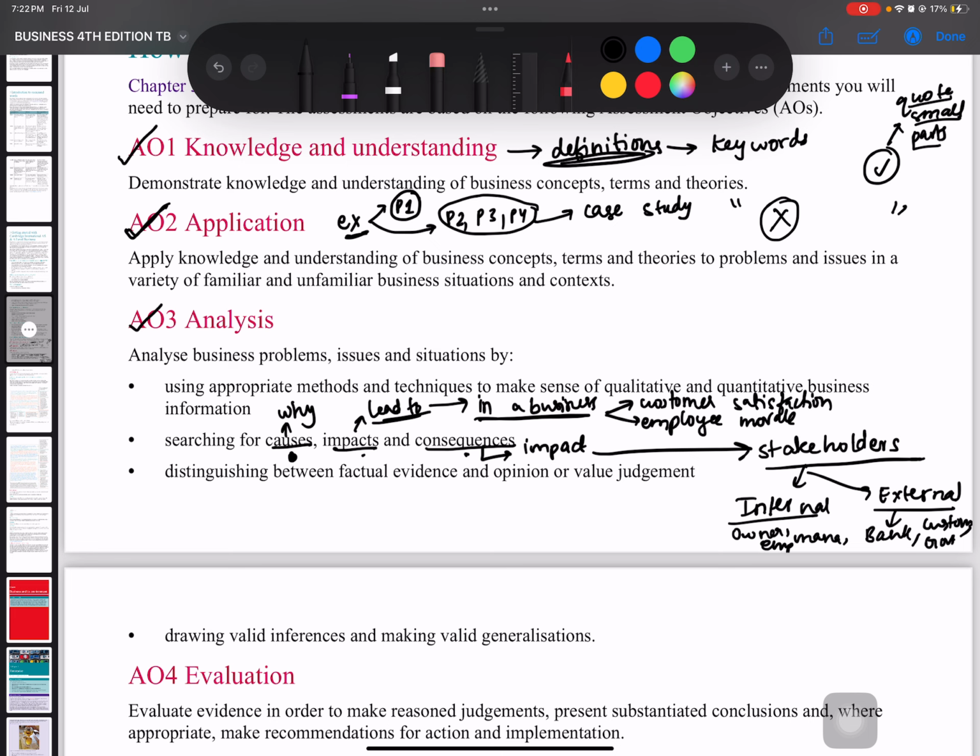So the cause is all about why, and impact is about what it leads to inside a business, what impact it has. Overall, what does it do? Does it increase the profit or reduce the profit? And does it increase the reputation of the business or decrease the reputation of the business? And consequence is all about the impact it has on stakeholders, internal ones, owners, managers, and employees, or external ones, banks, customers, and government.